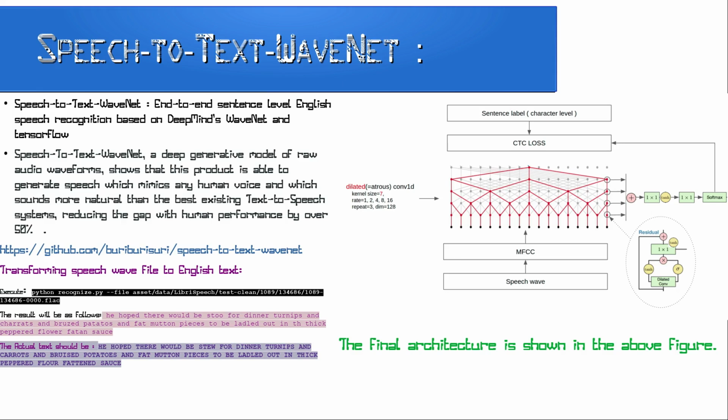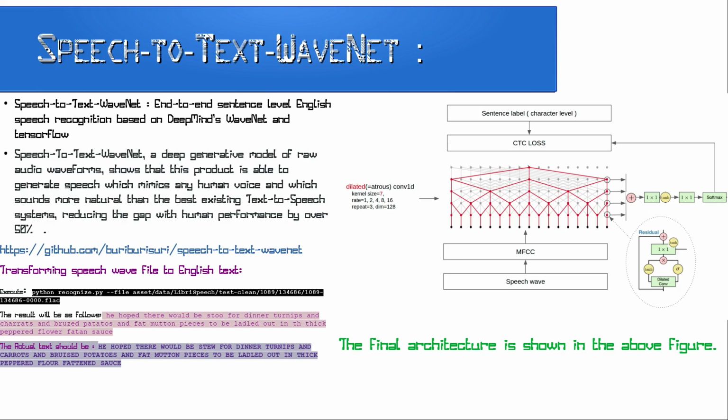We hope there would be a stew for dinner, turnips and carrots, for brushed potatoes and fat mutton pieces to be laid out in the thick, peppered flat fattened sauce. Actual value is: he hoped there would be stew for dinner, turnips and carrots, and roast potatoes and fat mutton pieces to be laid out in thick peppered flour fattened sauce.